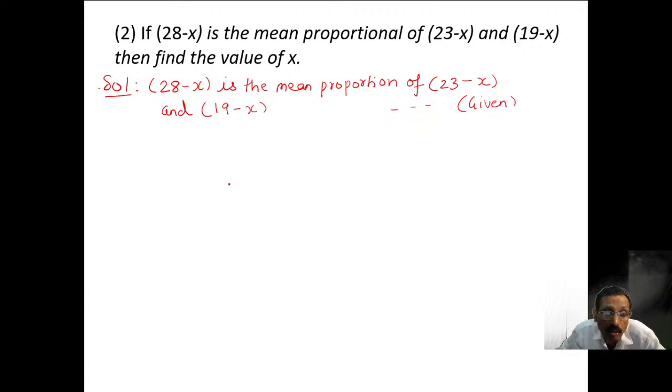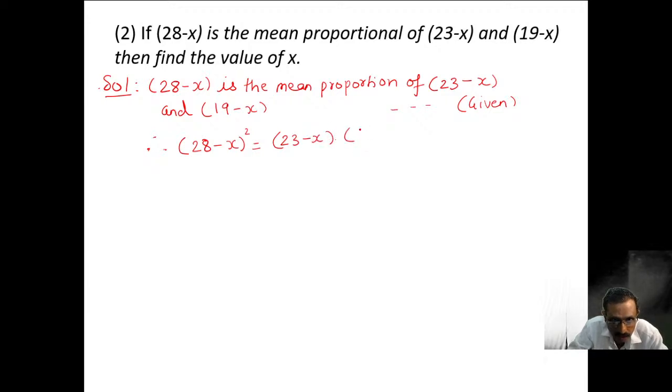Now when we are solving the mean proportion, in the previous one, we have seen it. So here, what we are going to do is, therefore, 28 minus x the whole square is equal to 23 minus x into 19 minus x.